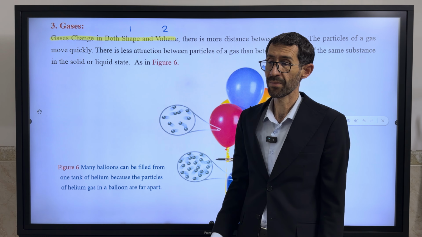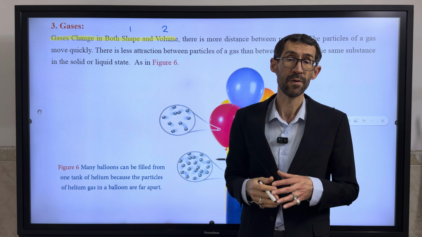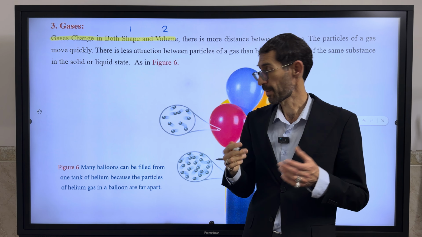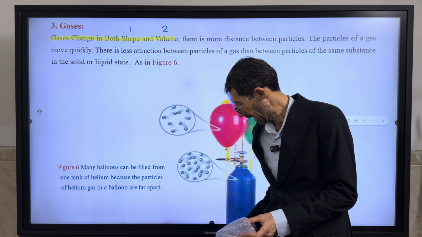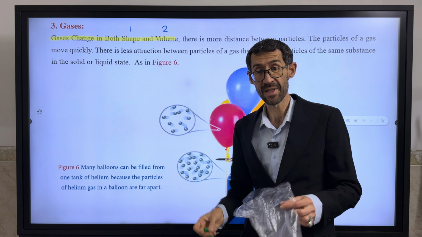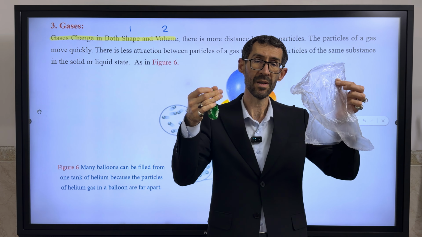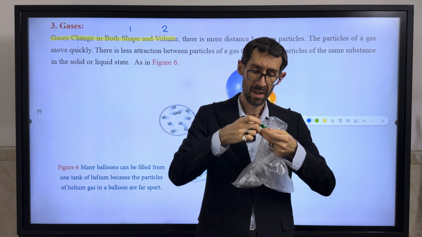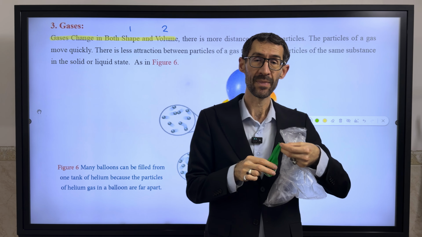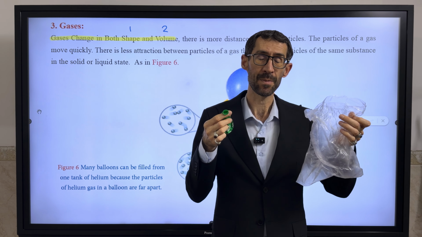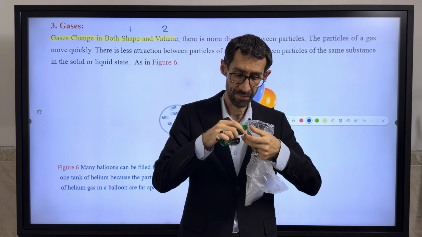I'm going to do a simple experiment for you for better understanding these properties. I want you to bring two different containers: a balloon and a bag, right? I'm going to blow them up separately, and I want you to tell me what this experiment actually tells you.